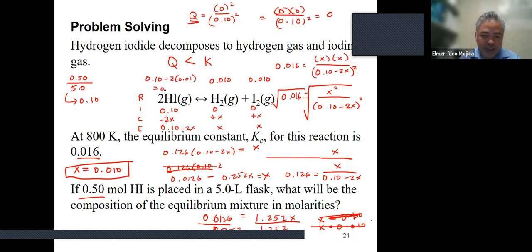So I think you will get here around 0.08, right? And you can still check it. How are we going to check it? Okay, so 0.01 squared divided by 0.08 squared, and that should give you around 0.016.